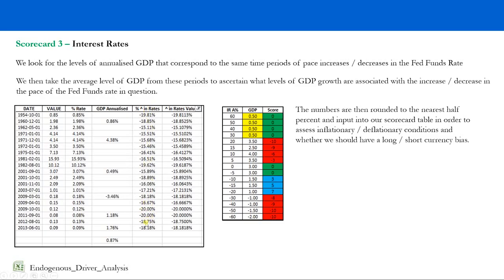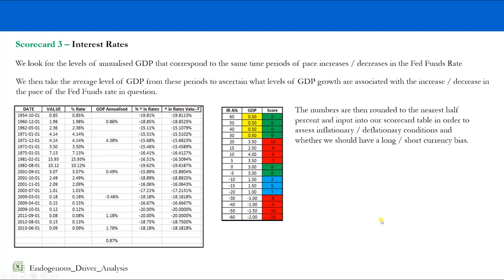So when we sort for these between values in the spreadsheet, we then round the numbers to the nearest 0.5% and input them into our scorecard table in order to assess inflationary or deflationary conditions and whether we should be looking to have a long or short currency bias.